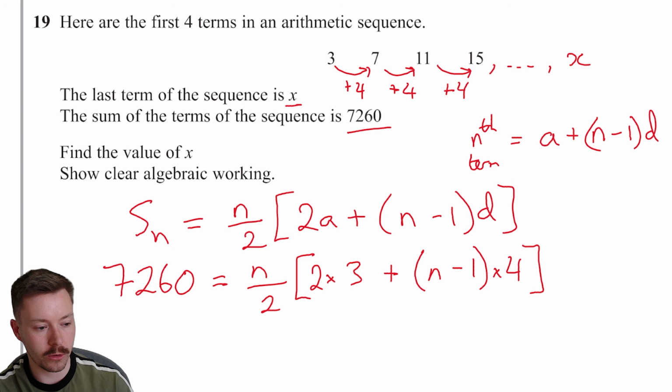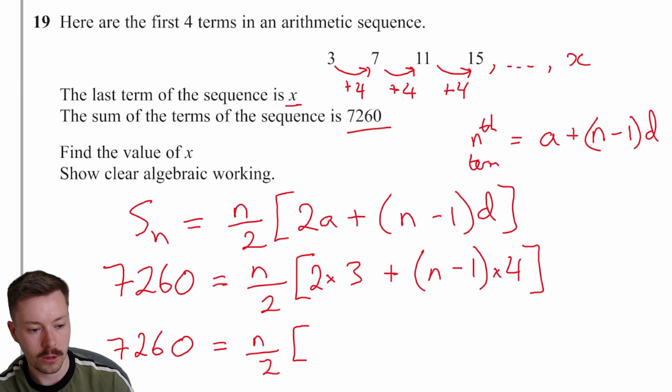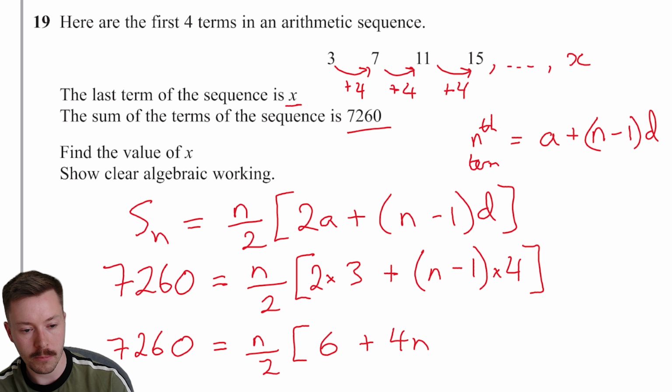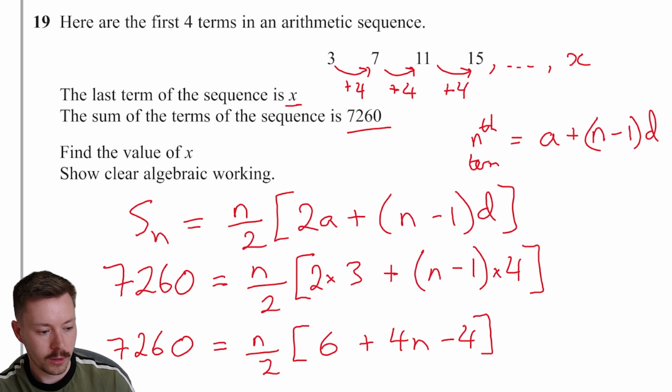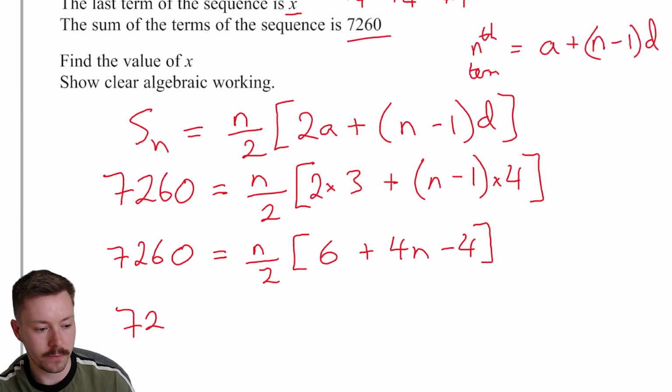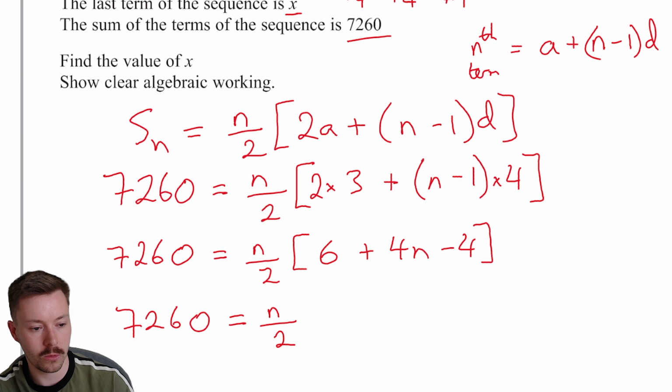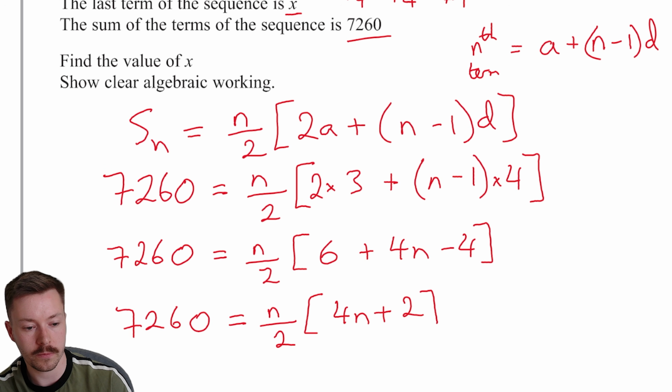First thing I'm going to do is simplify things inside this bracket. So n over 2, and then 2 times 3 is 6, plus 4 times n is 4n, minus 1 times 4 is minus 4, square bracket. 7,260 is equal to n over 2, and then we've got 4n, and 6 minus 4 is plus 2.